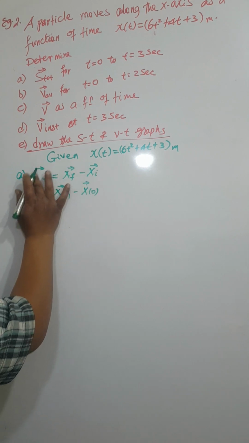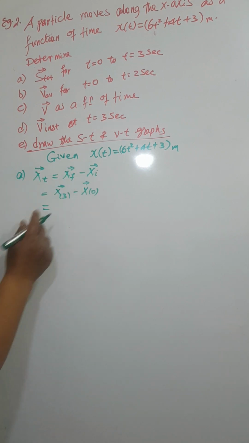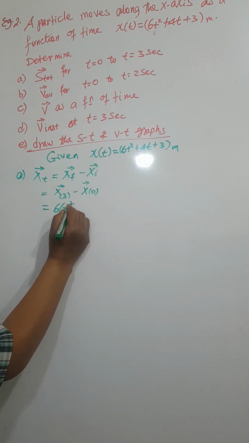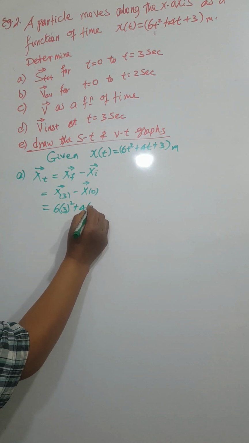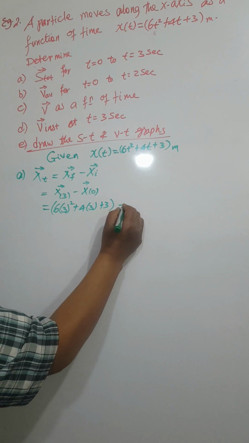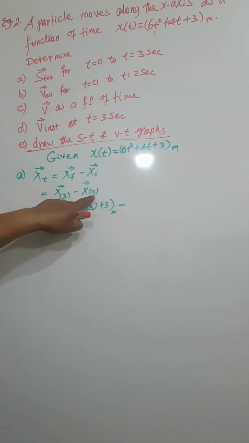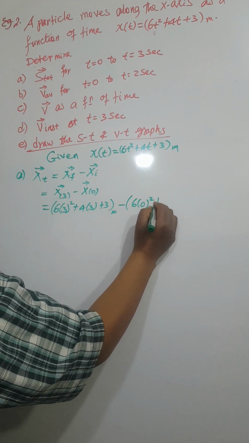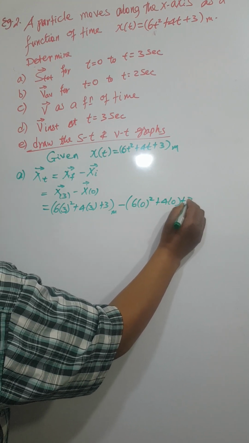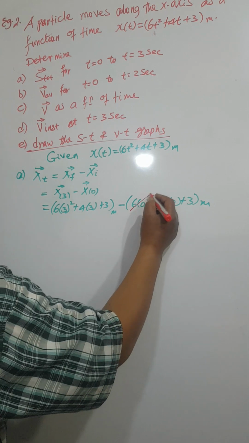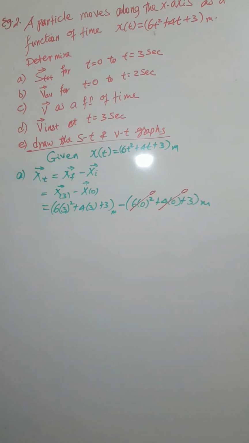Okay, x. So now this is 6 into 3 squared plus 4 times 3 plus 3 meter, minus x at 0, which is 6 times 0 squared plus 4 times 0 plus 3 again meter. Now this is simply 0, again this is 0.